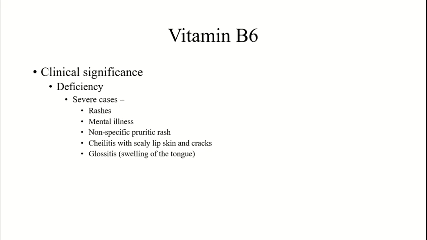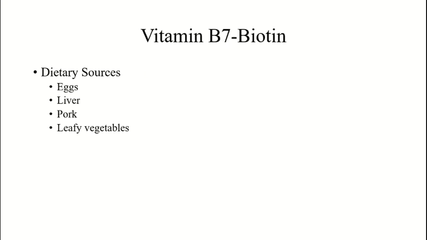Deficiency has also been observed in newborns with formulas low in vitamin B6, women taking oral contraceptives, and alcoholics. Isoniazid, a drug typically used to treat tuberculosis, can induce vitamin B6 deficiency by forming an inactive derivative of pyridoxal phosphate. All right.